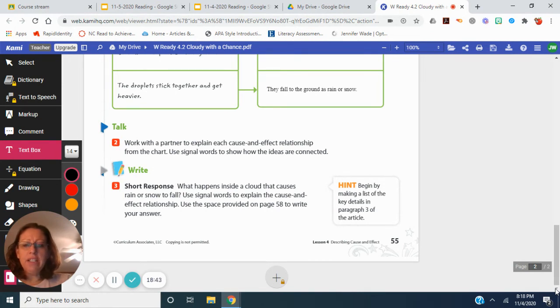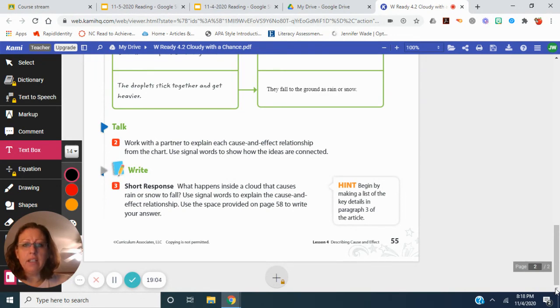All right, please look at this where it says write and short response, because this is what your work in Google Classroom is going to be today. It says, what happens inside a cloud that causes rain or snow to fall? Use signal words to explain the cause and effect relationship.